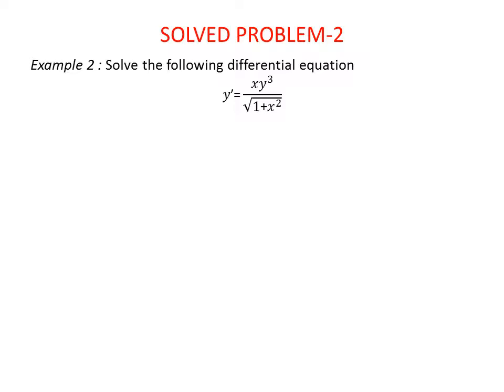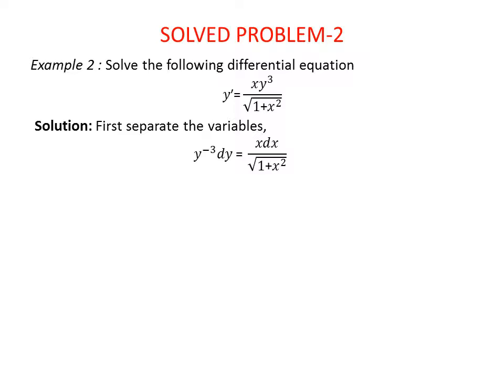Now we apply the very first method, that is variables separable. First of all we separate the variables by taking the y variable on the left hand side and the x variable on the right hand side. We have y to the power minus 3 dy is equal to x dx divided by under root 1 plus x square.